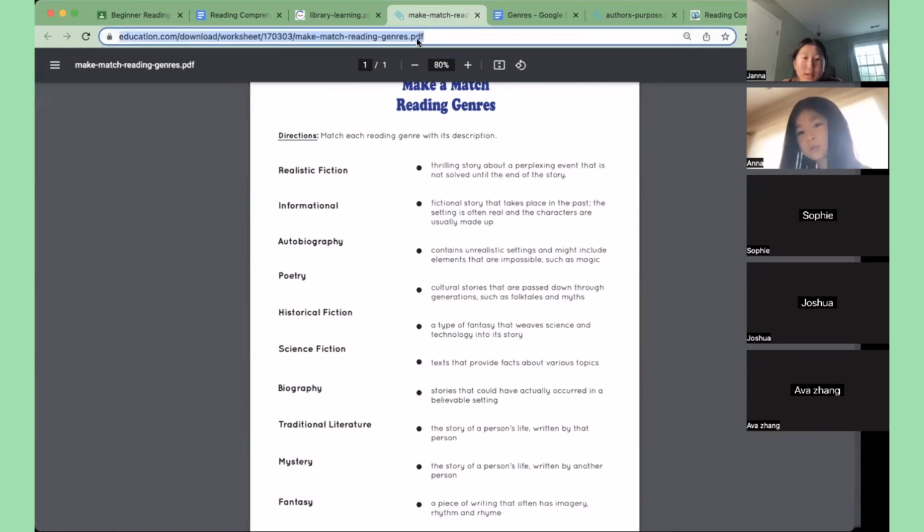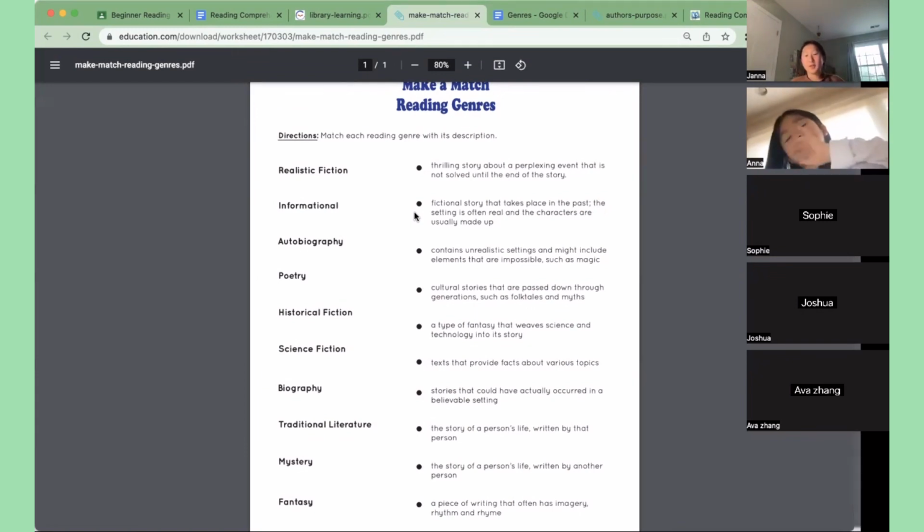Yeah, so in the chat, Getty said the second one. A fiction story that takes place in the past. So the setting is often real and the characters are made up. You can remember this because history is in the past and historical fiction has characters in the past.